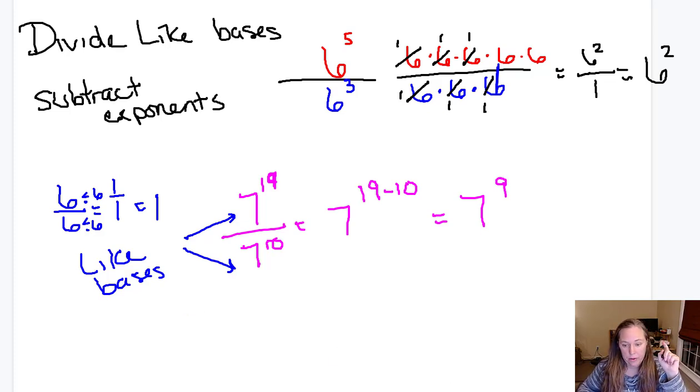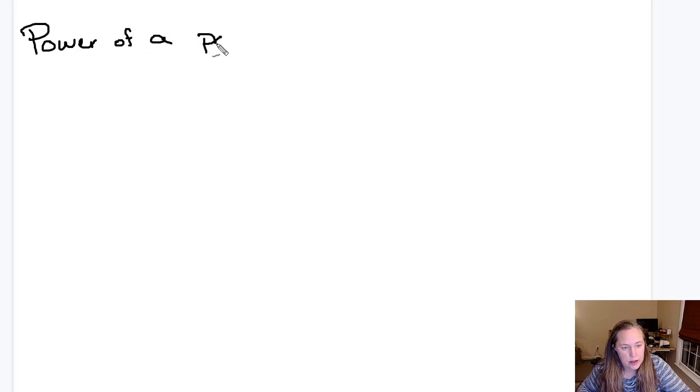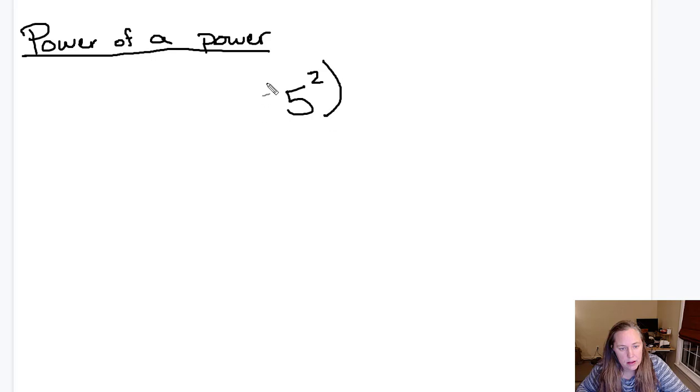Okay, one more to do. I'm going to erase this. The next one is called power of a power. An example of that might be 5 to the 2nd to the 4th. So that's called power of a power because you have a power here and then you have a power here.